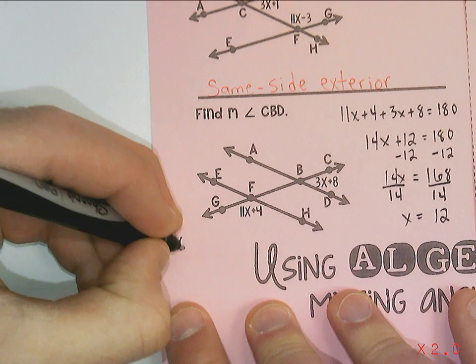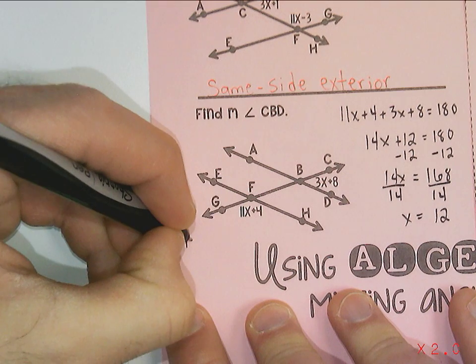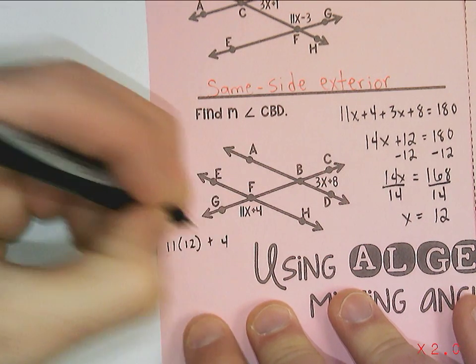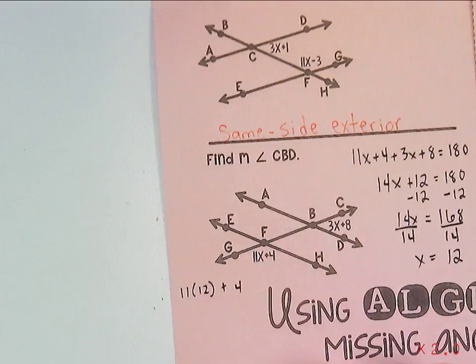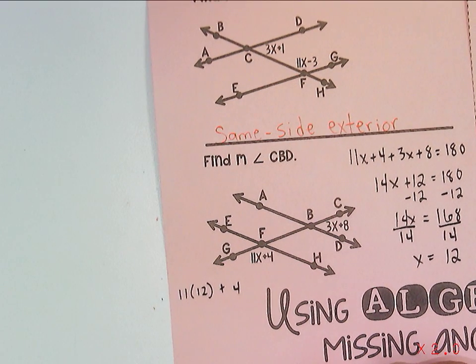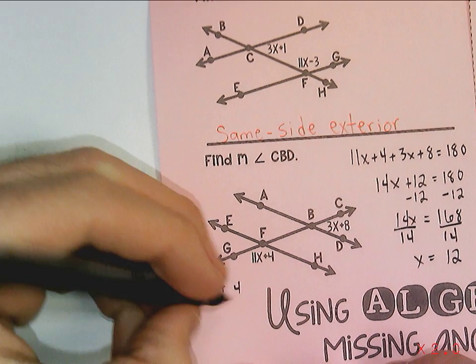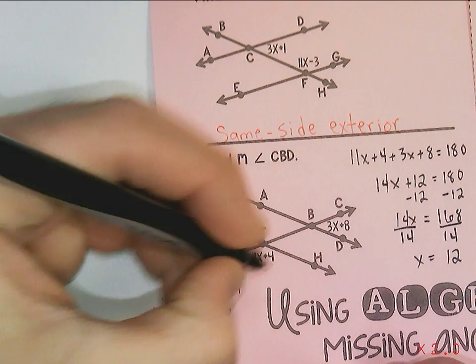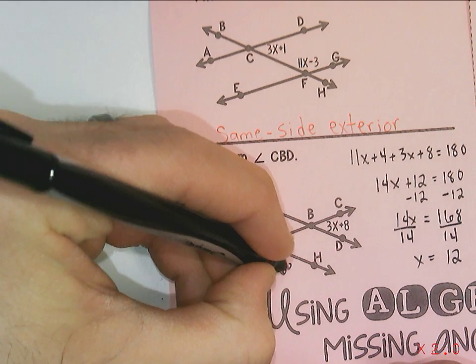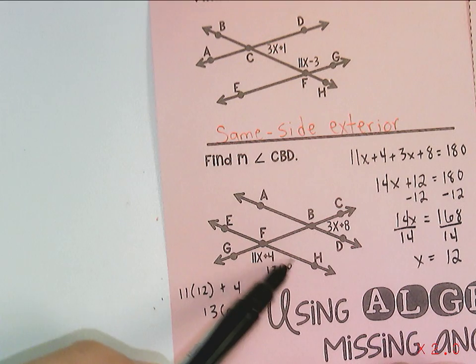So 11 times 12 plus 4, that's 136. So this angle is 136 degrees. And that looks right because this looks like an obtuse angle here.